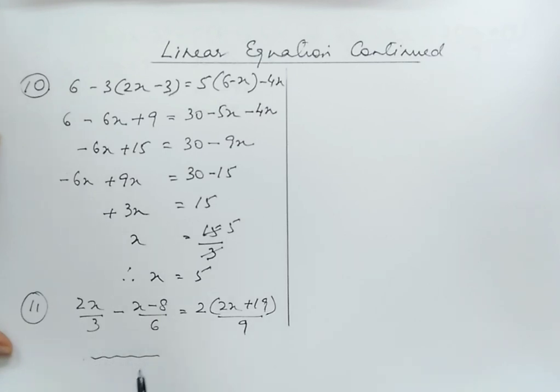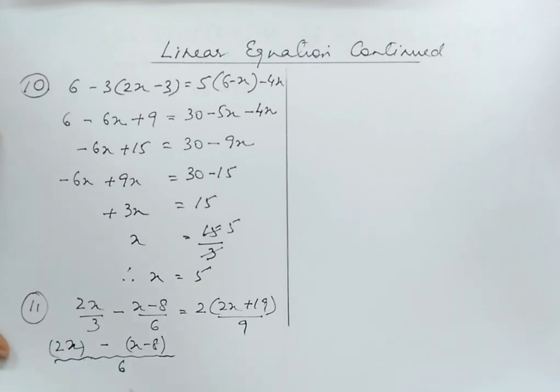The LCM of 3 and 6 is 6. Now it's very important that you be a little cautious here. So I'll show you a very easy way of doing it. First, let us copy this: 2x and this one x minus 8. Put them into brackets, and put the sign right in the middle.